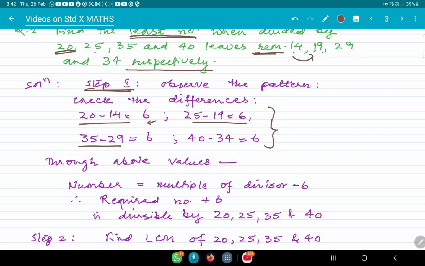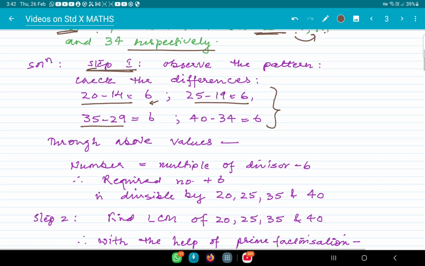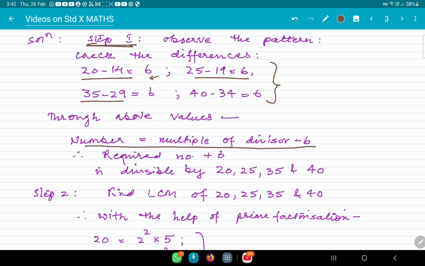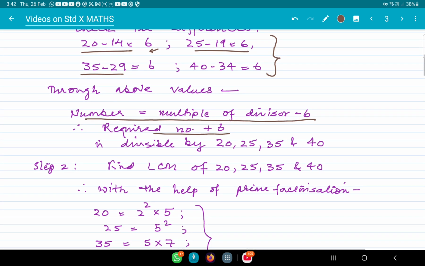Through this we can make a temporary formula: the number is equal to a multiple of the divisor minus 6. Meaning the required number plus 6 is divisible by 20, 25, 35 and 40.